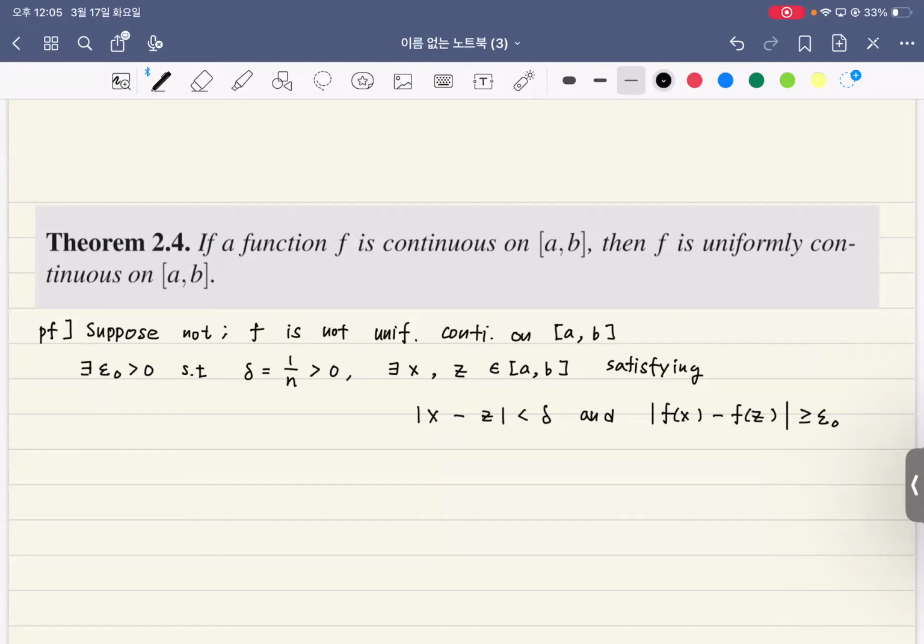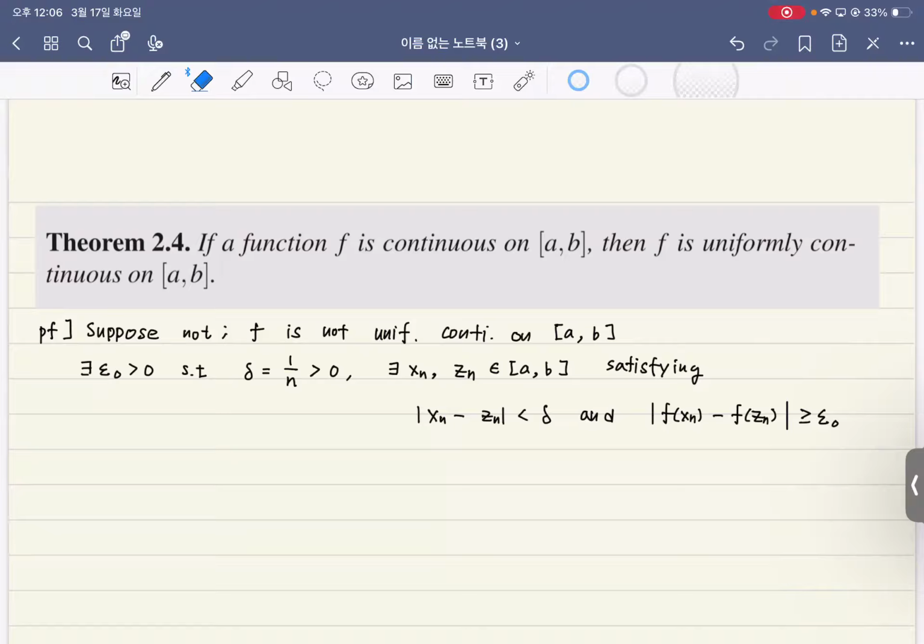For every integer n, you can find these two points, so I'm going to give them a name: xn and zn.